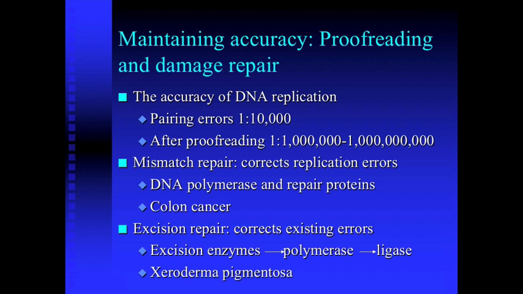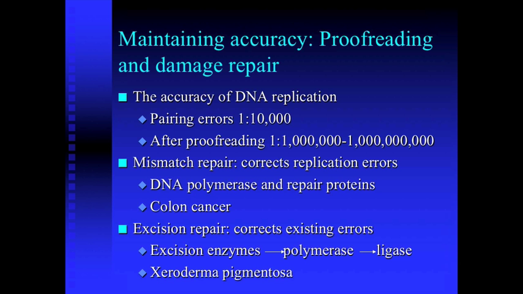So this is an interesting number. It's nature saying, I don't want to be messing with it all the time, right? But a little bit is absolutely essential for survival of the species, and nature has arrived at this mutation rate. Now, as mistakes occur, as I said, DNA polymerase comes in and corrects those mismatches, along with a number of other proteins. And we see that when people have mutations in the genes for the repair proteins, they have a high incidence of cancers, including colon cancer.